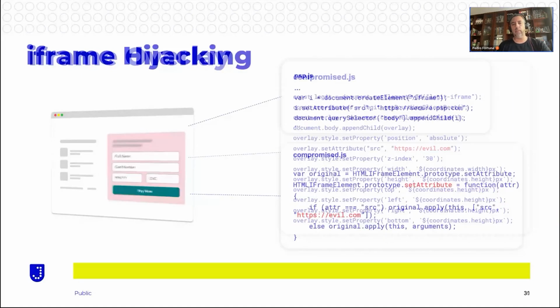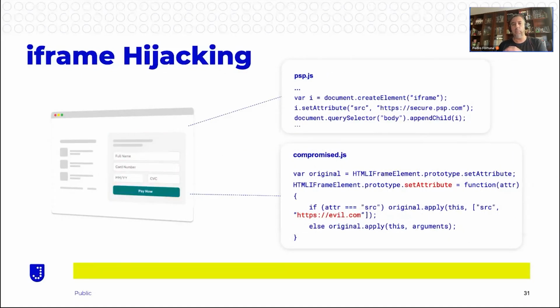In the second example, compromised scripts will monkey patch, that is, replace, the setAttribute function of the browser.